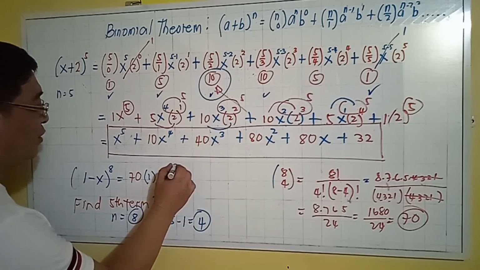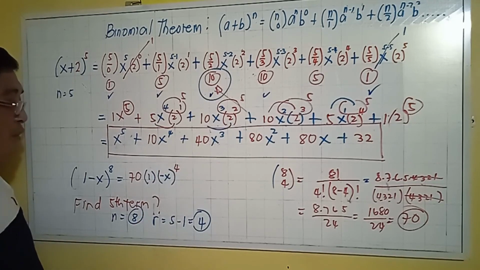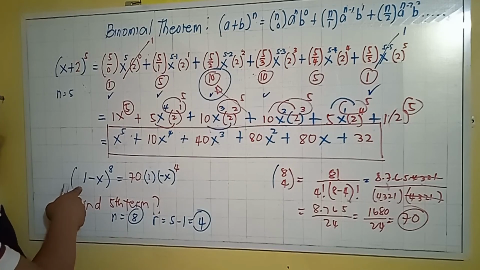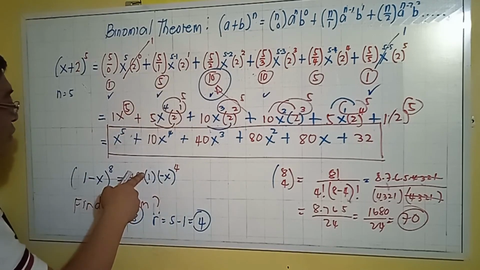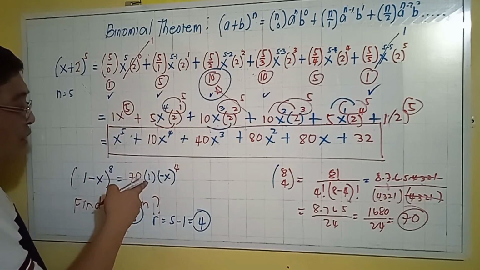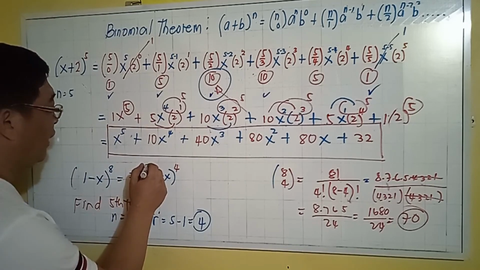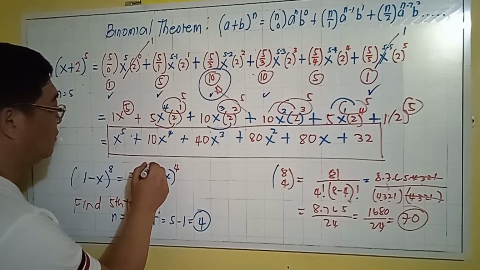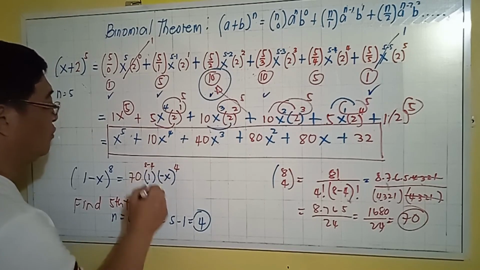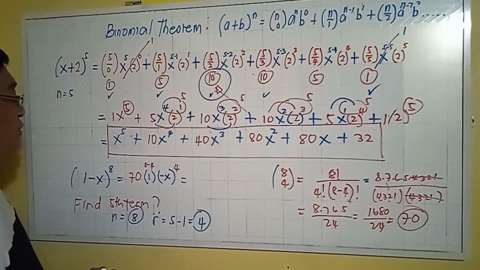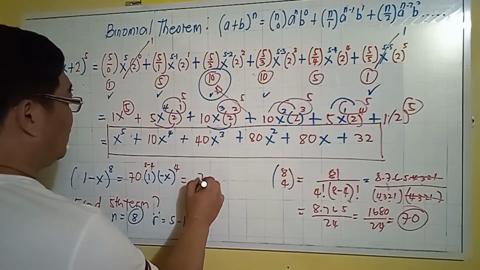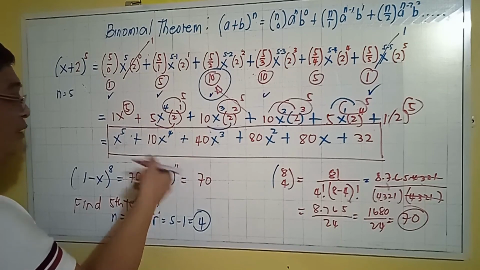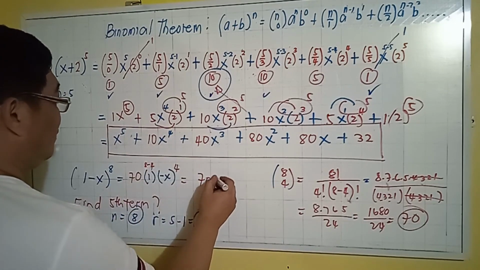Nasolve na natin ito kanina. We have R is equal to 4. And then yung 1 which represents the A dito sa formula, we have N minus R, 8 minus R is equal to 4. So 1 raised to any power is equal to 1.